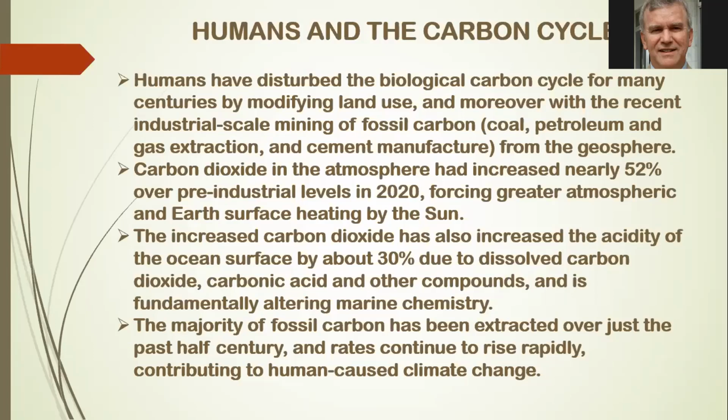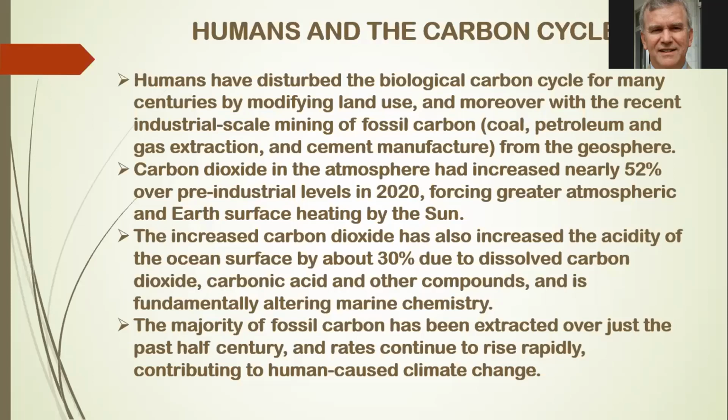Carbon dioxide in the atmosphere had increased nearly 52% over pre-industrial levels in 2020. So pre-industrial levels, the level of carbon dioxide in the atmosphere before we were more of an industrial economy on our planet, when we were more of an agrarian economy.